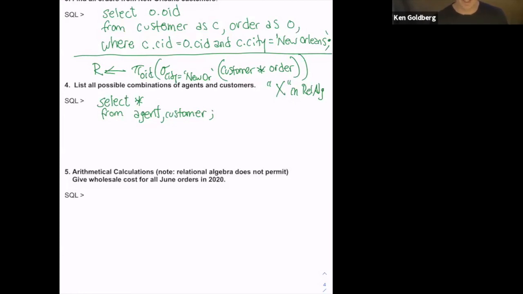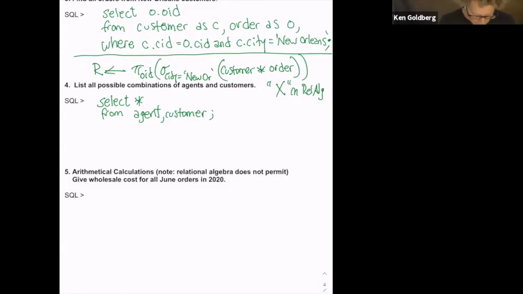It's going to then pull out everything from these two tables, join them up, put all those combinations together, and spit out a combined big table with all the agent information, all the customer information, and then for every possible match of agent and customer. Okay. So that's the point here is that there's no where clause, no condition. So it gives you everything.